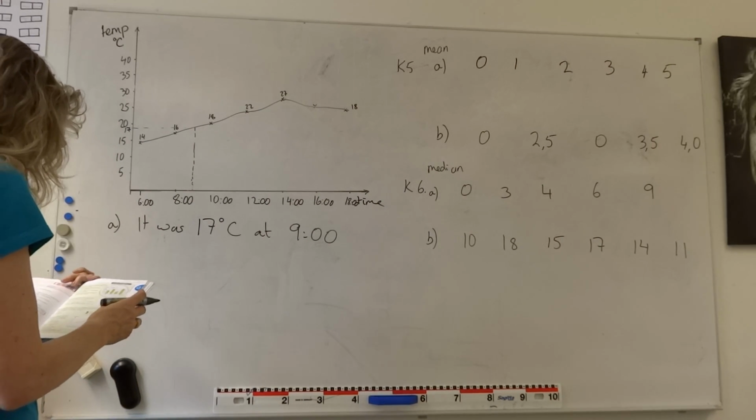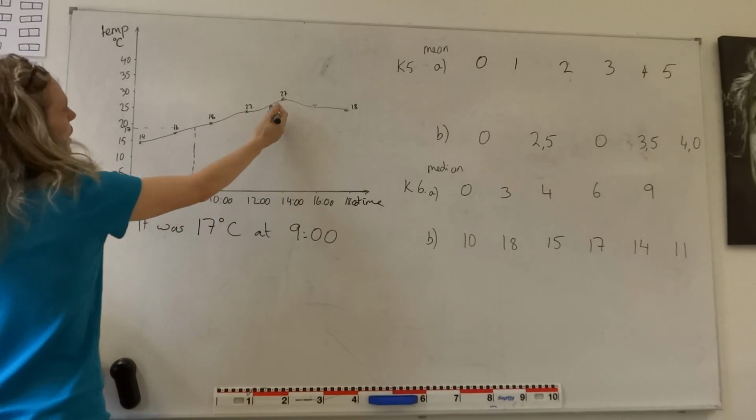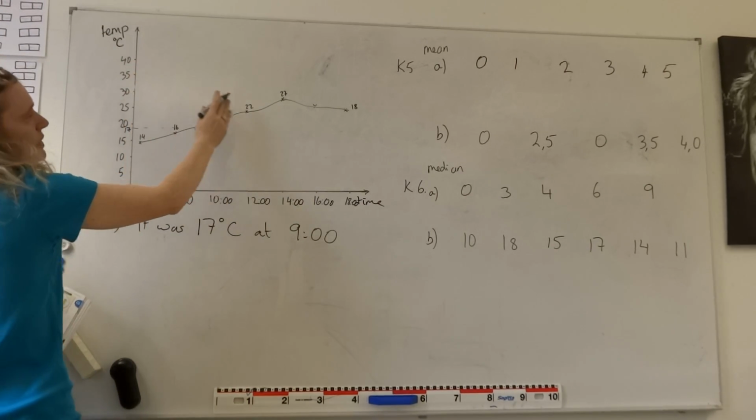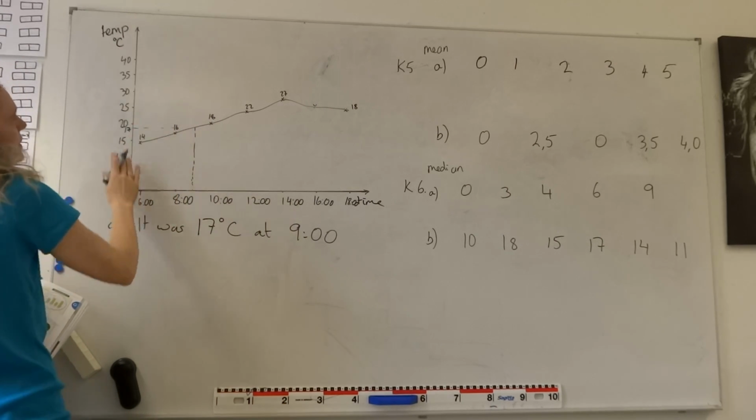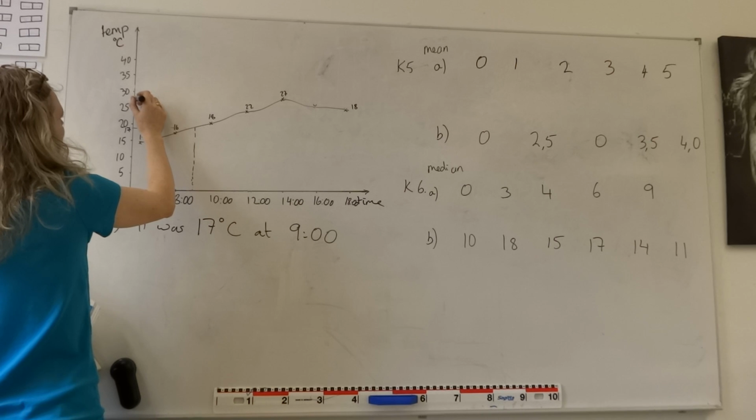Then it says, at what time of the day was it warmest? Well, the warmest temperature is where the point is highest on the y-axis. This is the highest temperature. And we can see that the highest temperature was around 27.